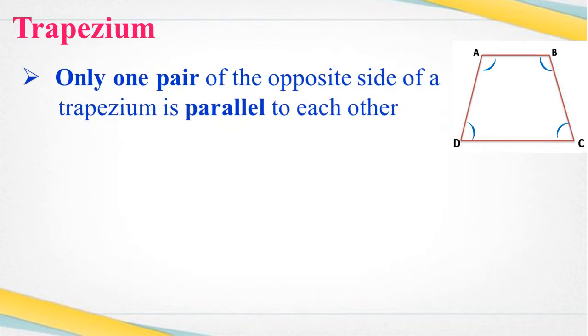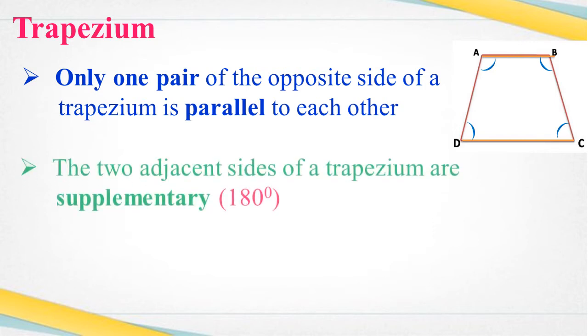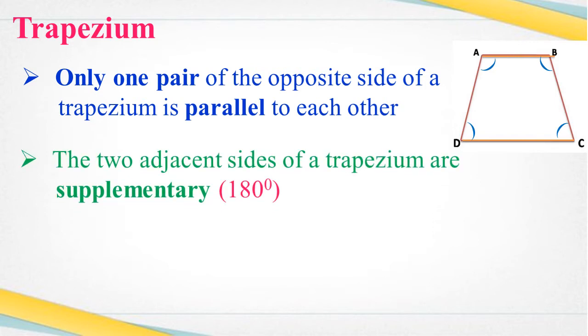Trapezium. Look at this picture. Only one pair of the opposite sides of a trapezium is parallel. AB and DC line segments are parallel. The two adjacent angles of a trapezium are supplementary, that is 180 degrees: angle BCD plus angle ADC will get 180 degrees.